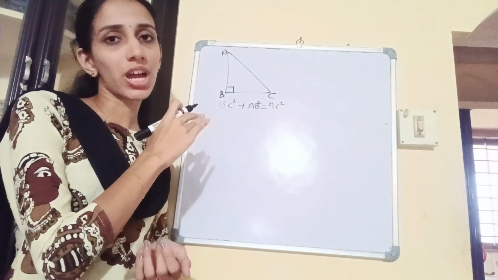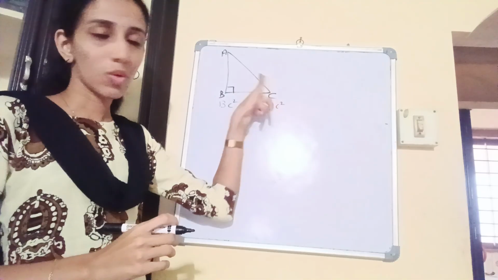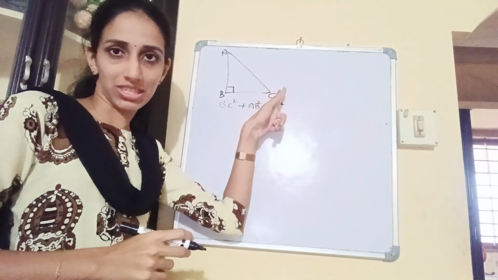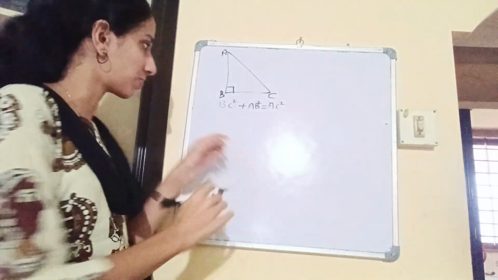Then we are going to divide all terms by the square of side AC. How will the equation become?